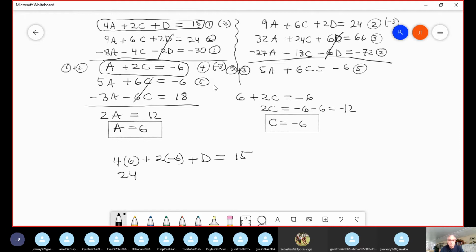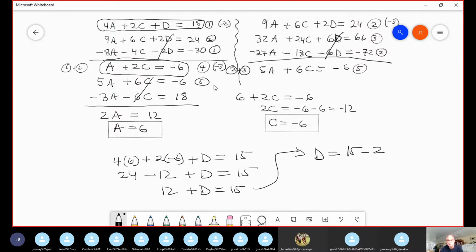This is 24. This is negative 12. This is D. This is 15. This is positive 12. So D equal 15 minus 12, then D is 3.